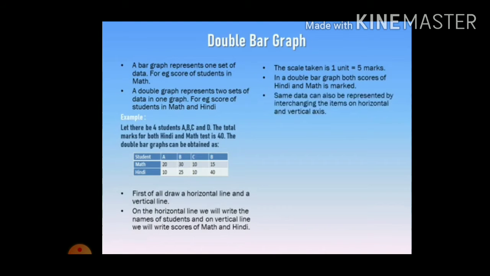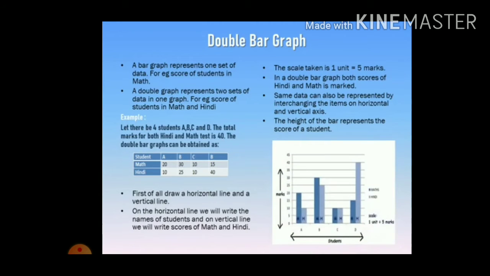In a double bar graph, as I have told you already, you can interchange the vertical and the horizontal axis. The height of the bar graph represents the score of the student. So here we have represented the data in the pictorial form, that is the double bar graph.